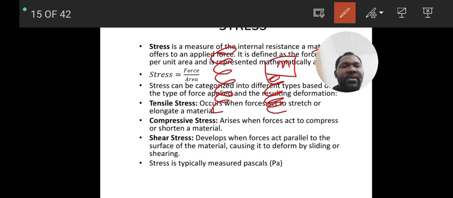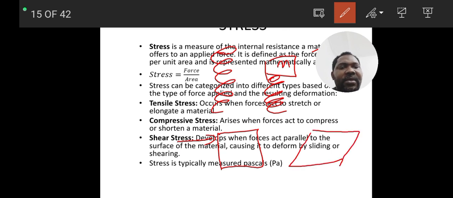A very good example is, let's say we have a material this way, and I apply a horizontal force across the material, and it causes the material to slide this way. So you can see the sliding. This type of stress is called shear stress, and we are going to see more.